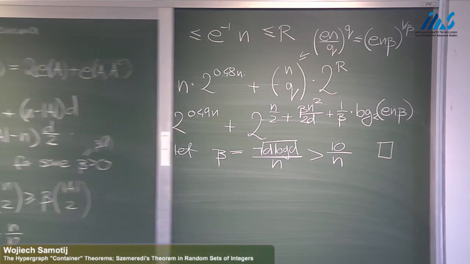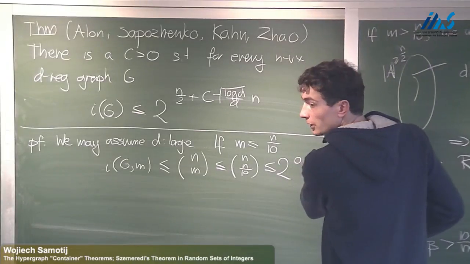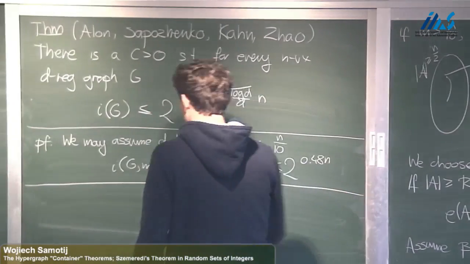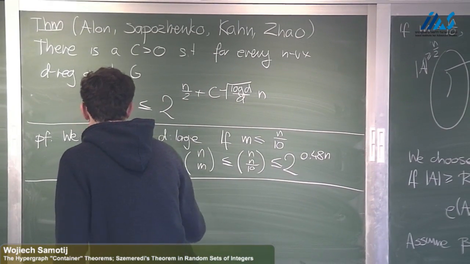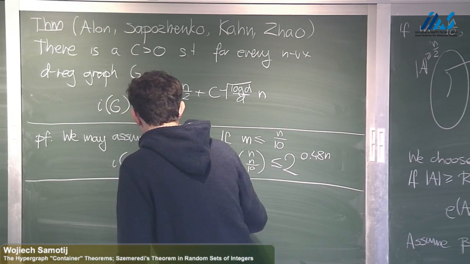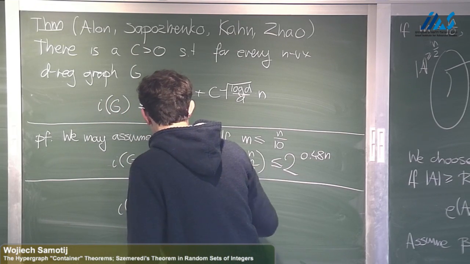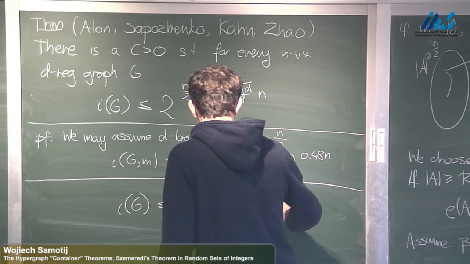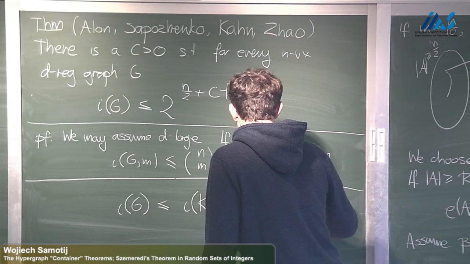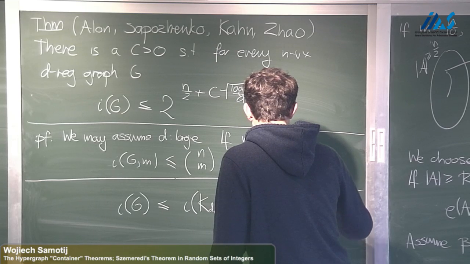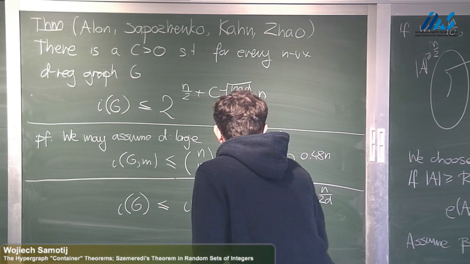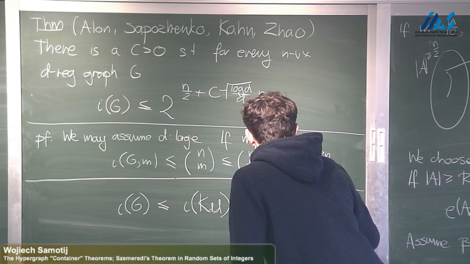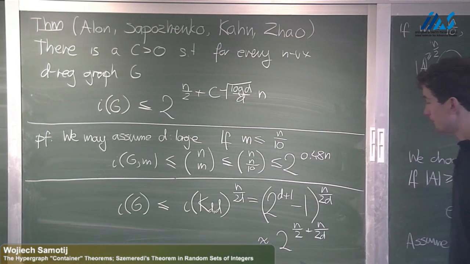Let me uncover the theorem here. So actually what is true is that the number of independent sets of G is at most the number of independent sets in the graph K_{D,D} to the power n over 2d, which is 2 to the d plus 1 minus 1 times n over 2d, and this is very roughly 2 to n over 2 plus n over 2d.